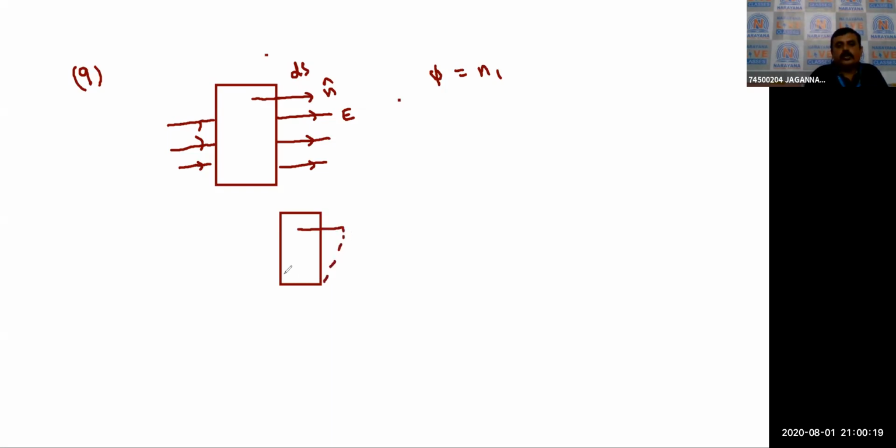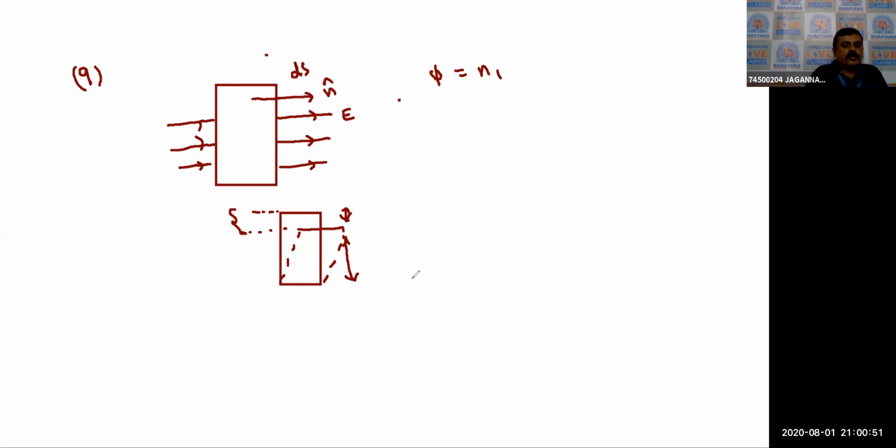This much of height is decreased, no? This is the original height, and now this much of height is reduced. So only this small area is now enclosed by the electric field.